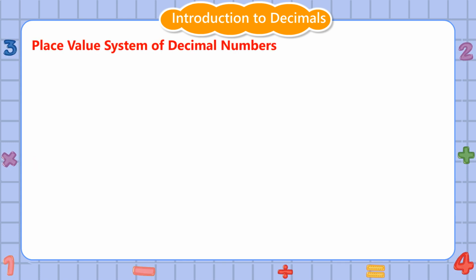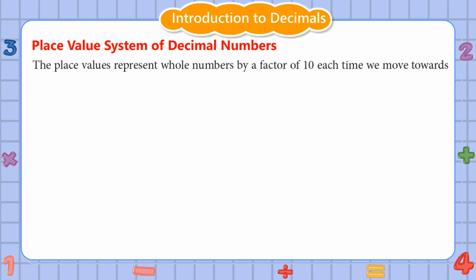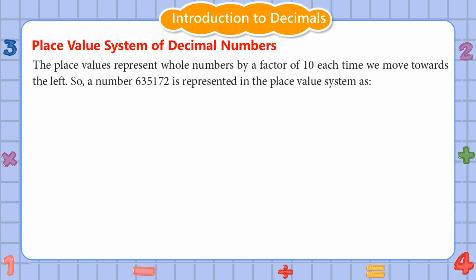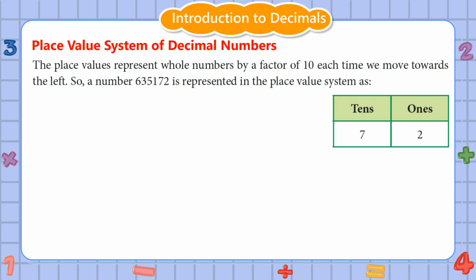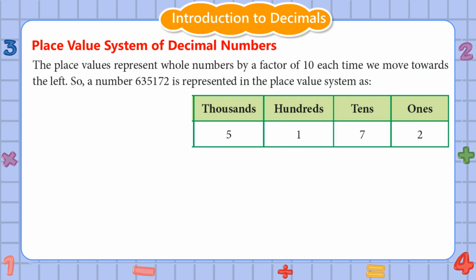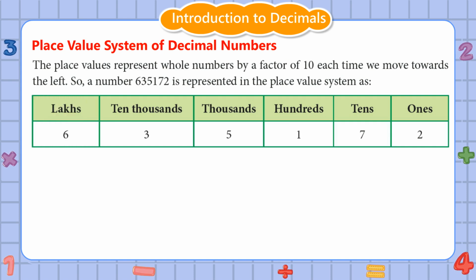Place value system of decimal numbers. The place values represent whole numbers by a factor of 10 each time we move towards the left. So, a number 6,35,172 is represented in the place value system as 2 at 1's place, 7 at 10's place, 1 at 100's place, 5 at 1000's place, 3 at 10,000's place, 6 at lakh's place.